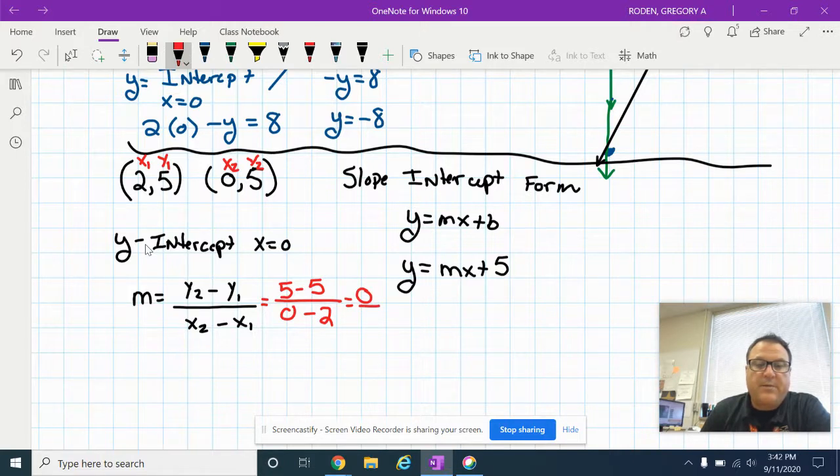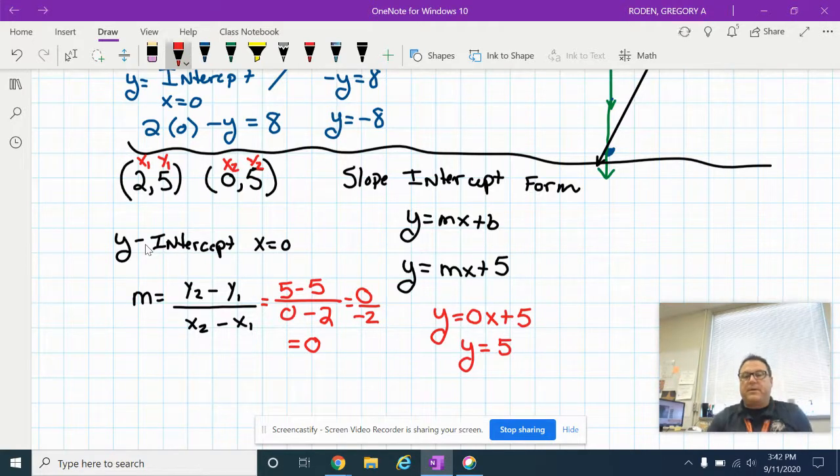And I get 0 minus 2, which is negative 2. Well, 0 divided by anything, you can take 0 and divide it by any number, you're still just going to get 0. So now you have an equation of y equals 0x plus 5. Or you can get y equals 5 because 0x goes away to nothing.